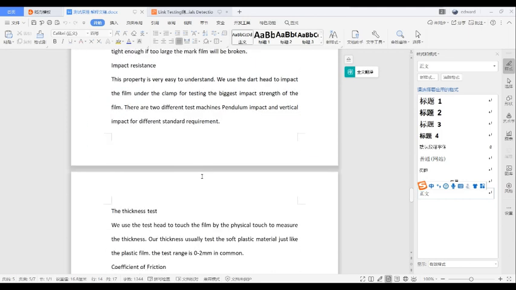Impact. This property is very easy to understand. We use a dart head to impact the film, with clamps, to test the biggest impact strength of the film. There are two different test machines, pendulum impact and vertical impact, for different standards requirements.